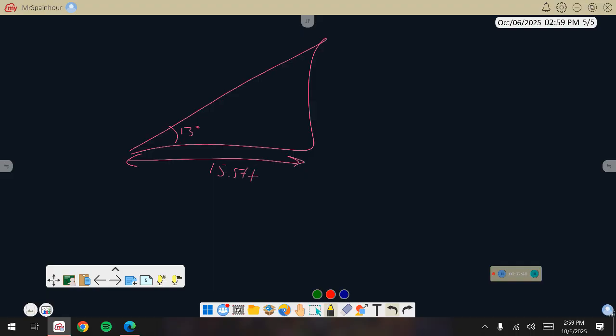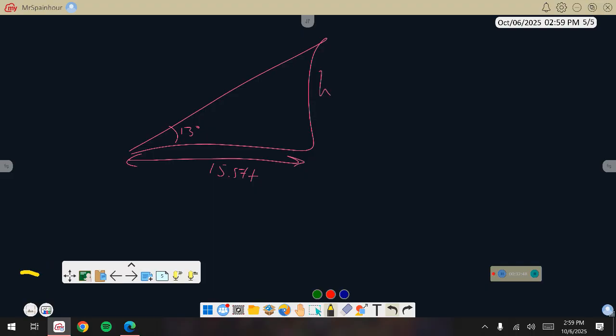Because I have an angle, I know every possible ratio, or my calculator does. So all I need is the right one. What am I looking for? I'm looking for the height. So I know this side, I want that side, so what combination should I be using? Tangent, opposite and adjacent. So I punch in tangent of 13 degrees.